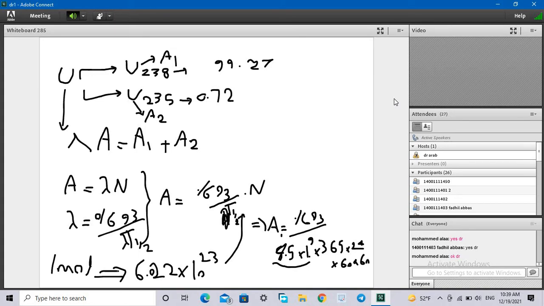And for N, the percentage of uranium was 99 percent, multiplied by 6.022 multiplied by 10 to the 23.